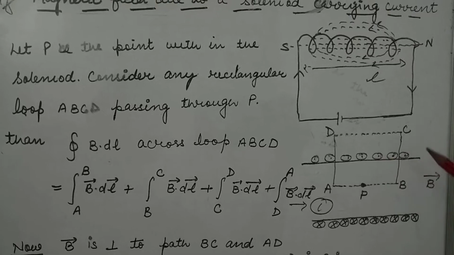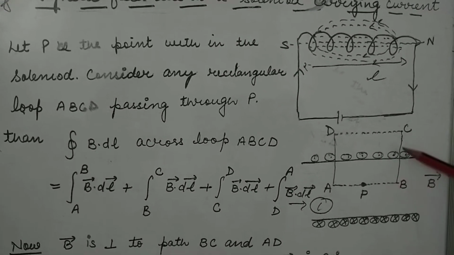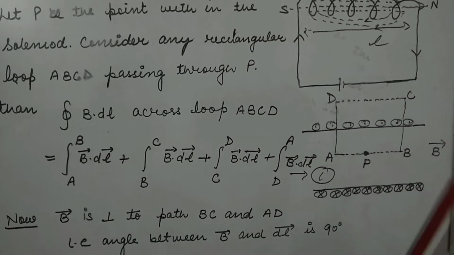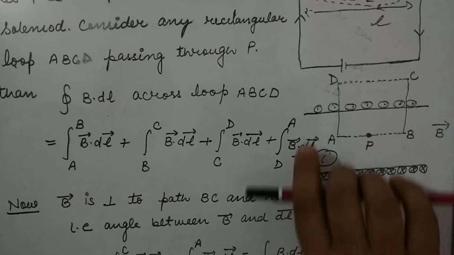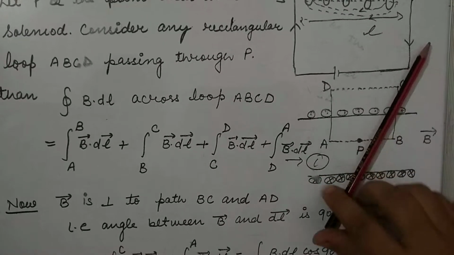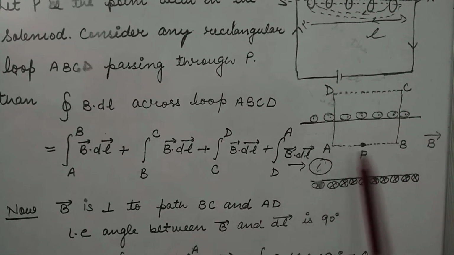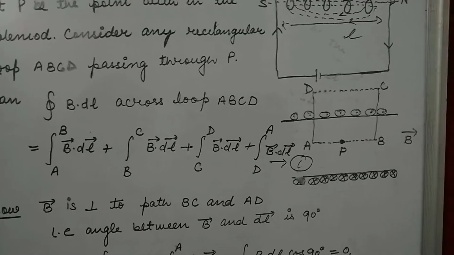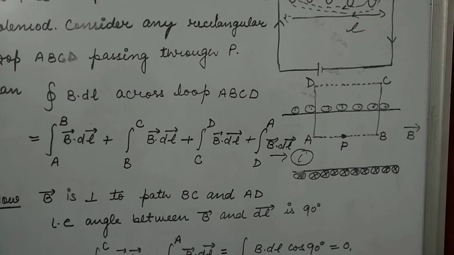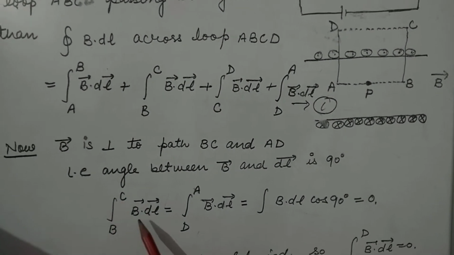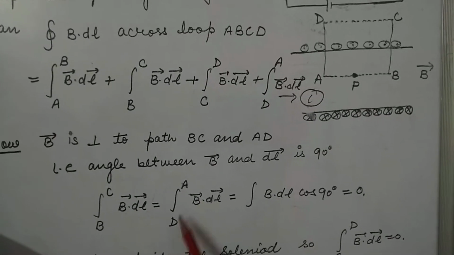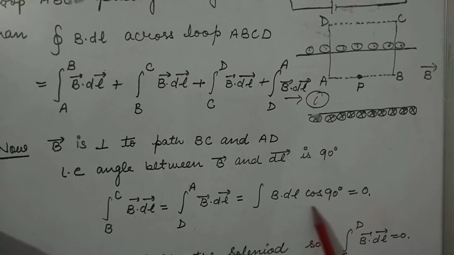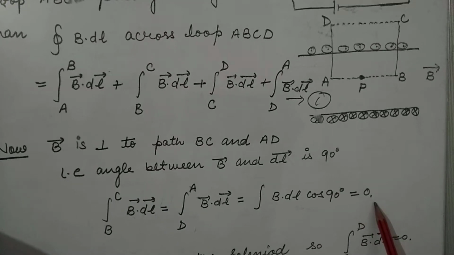Now sides BC and AD are perpendicular to the magnetic field, which means the angle between B and dl here is 90 degrees. So the integral from B to C of B dot dl is equal to the integral from D to A of B dot dl, which is B dl cos 90 degrees, and cos 90 is equal to 0.